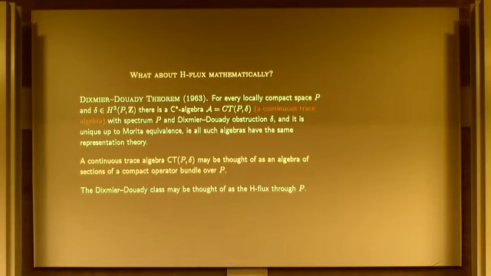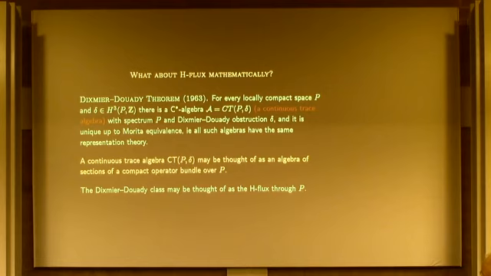Okay, so in string theory, you've also got this H flux, given by a 3-form. And there's the Dixmier-Douady theorem, which tells you that given a locally compact space and a 3-form, you can get a C-star algebra, a continuous trace algebra, whose spectrum is the space and whose Dixmier-Douady class is the 3-form.